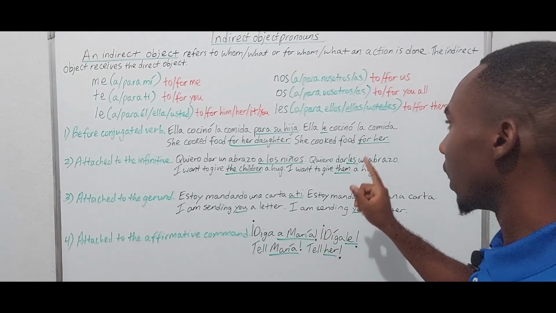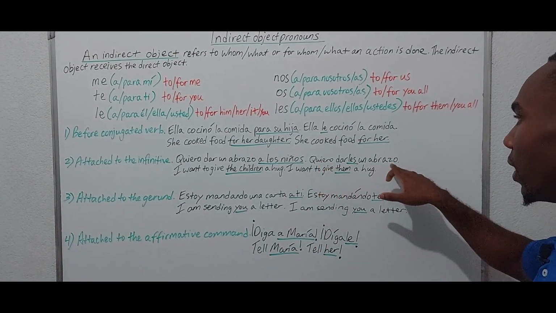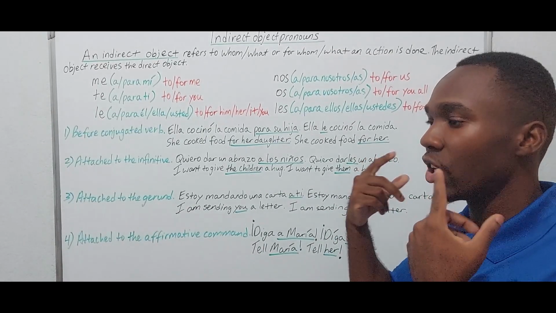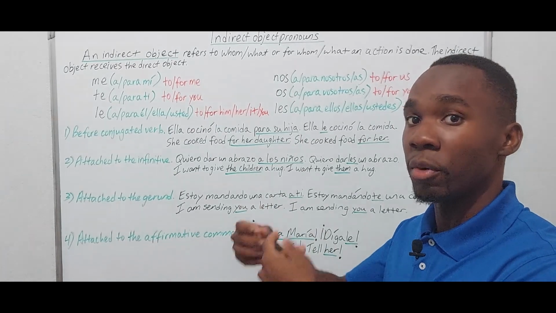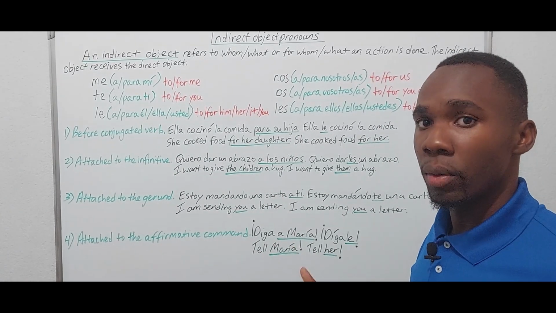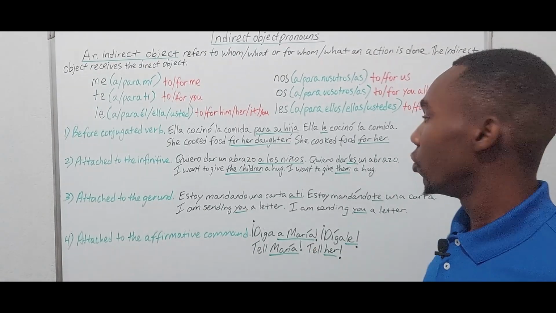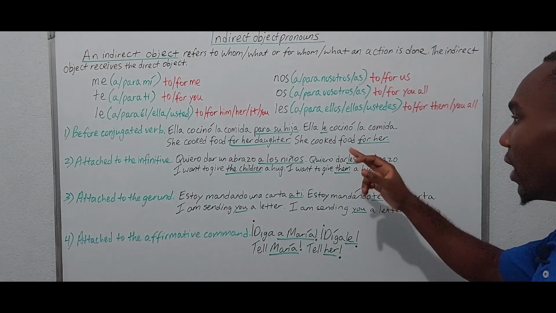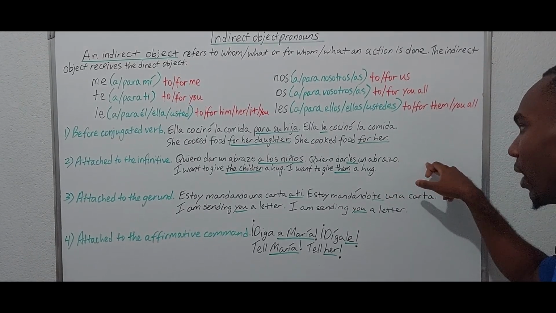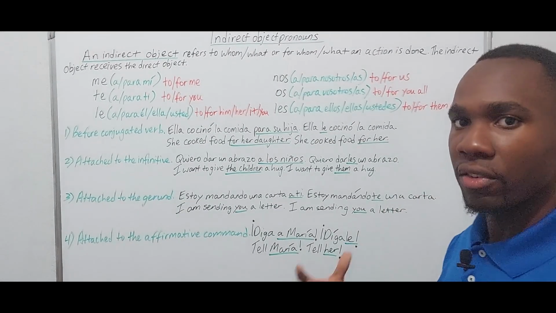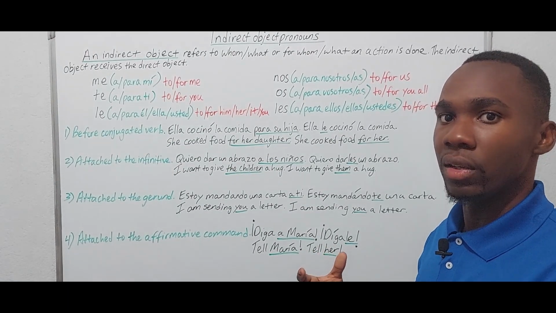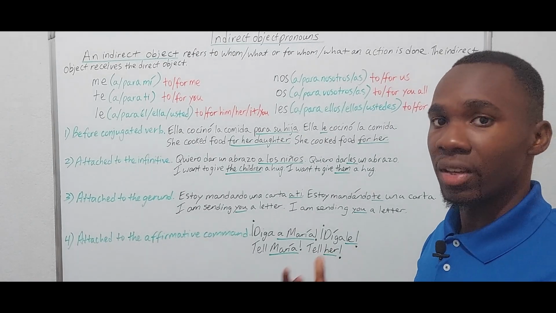Because like I said, if I were to just say quiero darles un abrazo, if I did not mention the persons before, then the person would have no clue who I am referring to, right? So in that case, I would say quiero darles un abrazo a los niños. So I would put the indirect object at the end, just for clarity, just so that there is no confusion as to who is going to be the recipient.